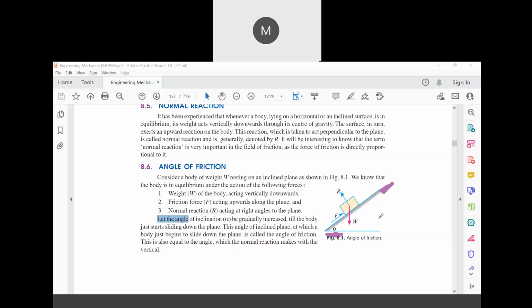If you push this plane upwards, there will be a certain point at which this body will start to slide. That inclination at which the body just starts sliding is the angle of friction.